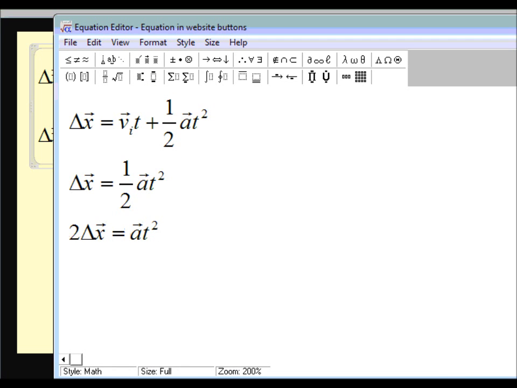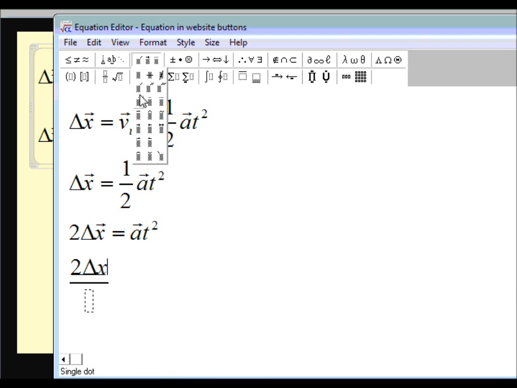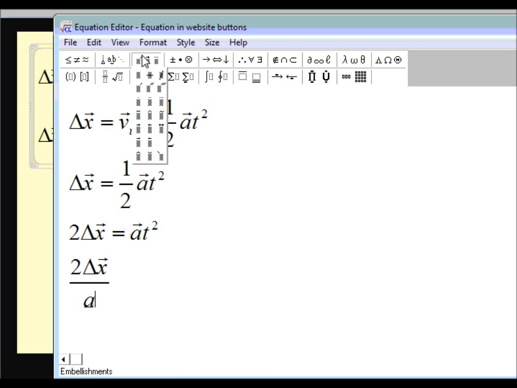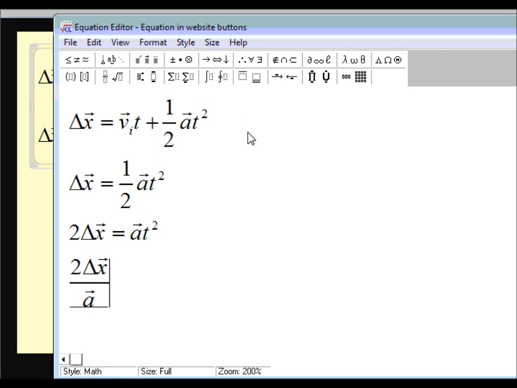Again, our goal is to get t by itself, so at this point we can divide both sides by acceleration. So on the left-hand side we have 2 times delta x, or 2 times displacement, divided by a, equals, if we divide the right-hand side by acceleration, we just have t squared left. We're almost there. T is almost by itself.